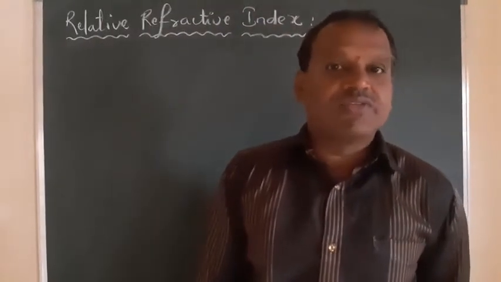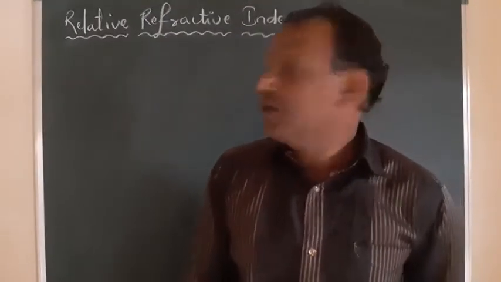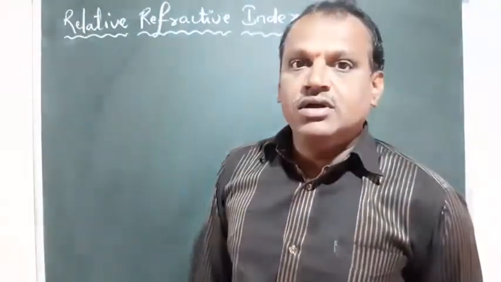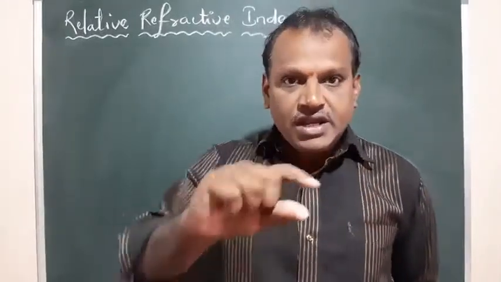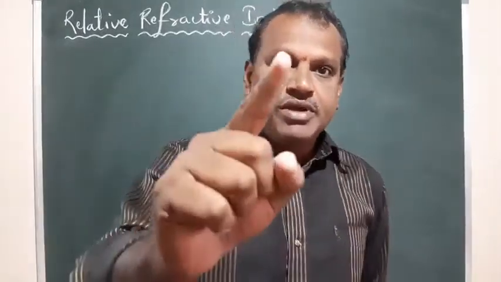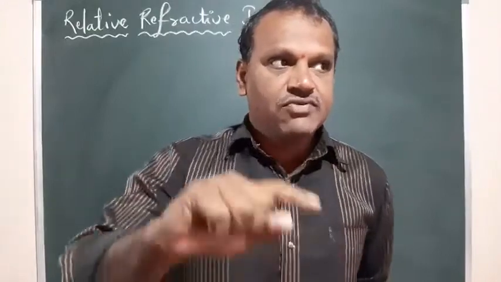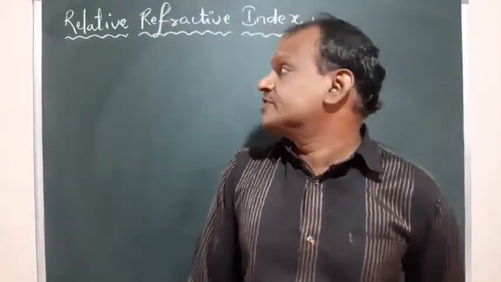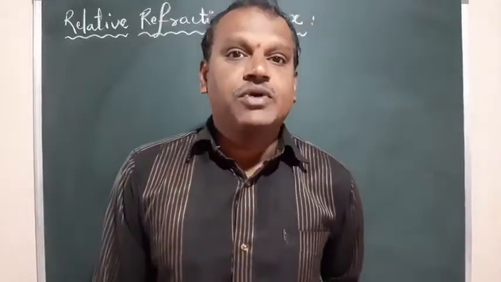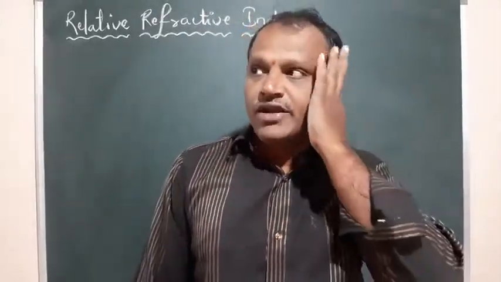We are not considering free space or vacuum. You may have observed the difference between absolute and relative refractive index. In absolute refractive index, one of the mediums is compulsorily free space: the velocity of light in free space to the velocity of light in a given medium. That is the absolute refractive index.